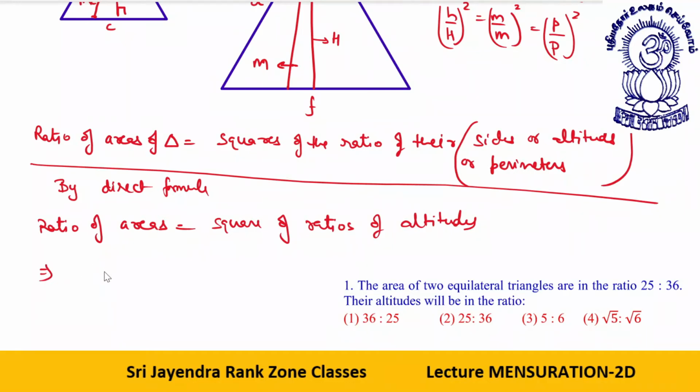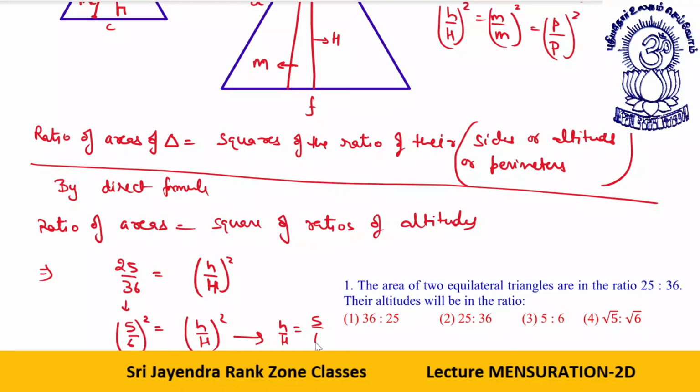This implies 25 by 36 is equal to h by h square, so (5 by 6) square is equal to h by h square. My dear students, h by h will be 5 by 6. Option number 3 is the answer. Clear to all? Next one.